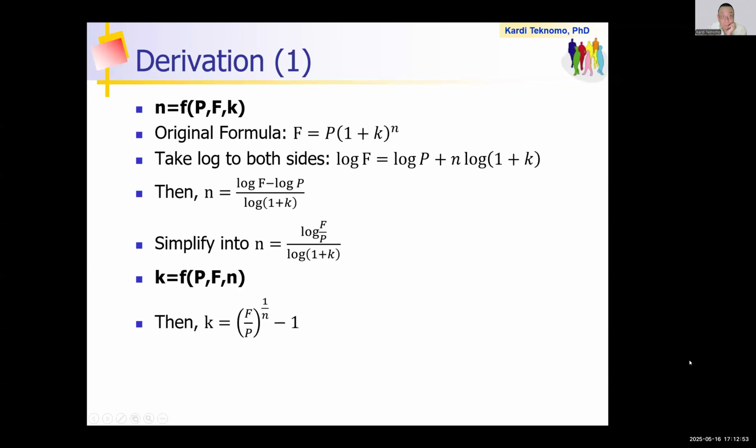So how did I get the formula to get the year? This is the original formula: future value equals present value times (1 + K) to the N, where K is the interest and N is the number of years. If you want to get the number of years, then you need to take the log of both sides, and then you just do algebra to get this simplification of the formula.